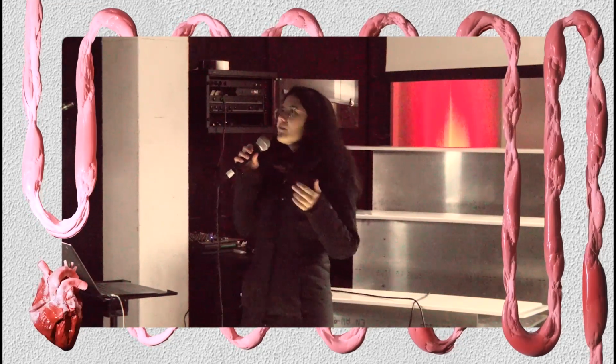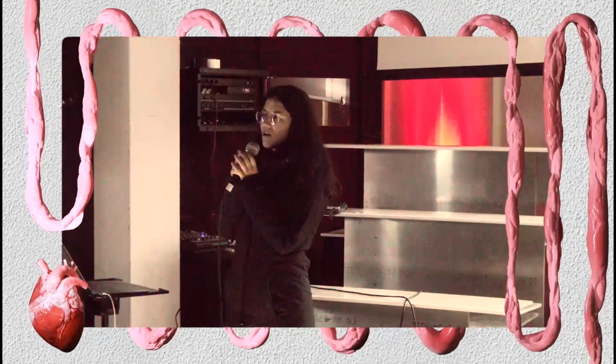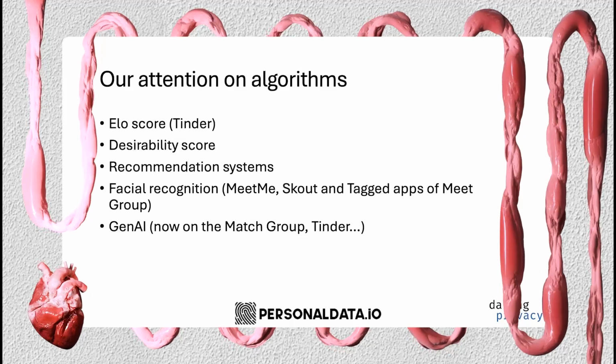Like it used to be on chess games, right? If you're a good player, according to your moves, you can have a higher score. But we never saw if this was right or not on Tinder, but it was a big buzz. We talk about the desirability score.